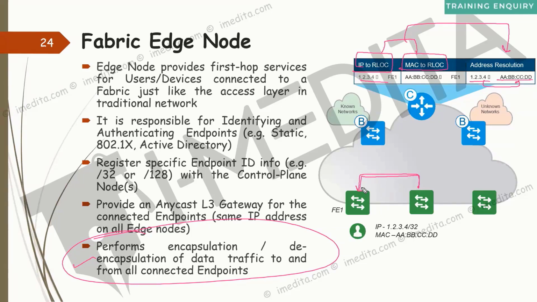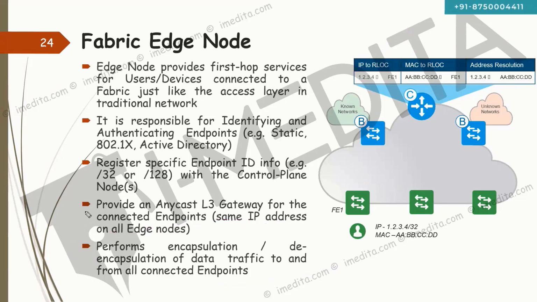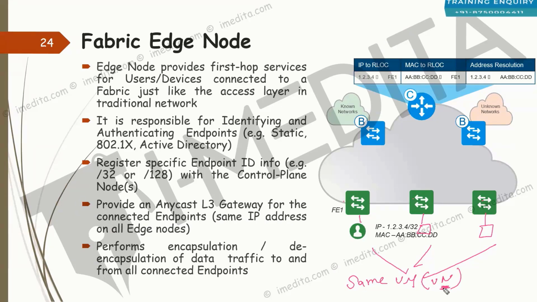Now, one more thing, which is quite unique to this SDA. If we have, for example, 3 fabric edge nodes and we have 3 users there, all of these users, let's say, belong to the same VRF, which in terms of SDA we call a VN, virtual network.